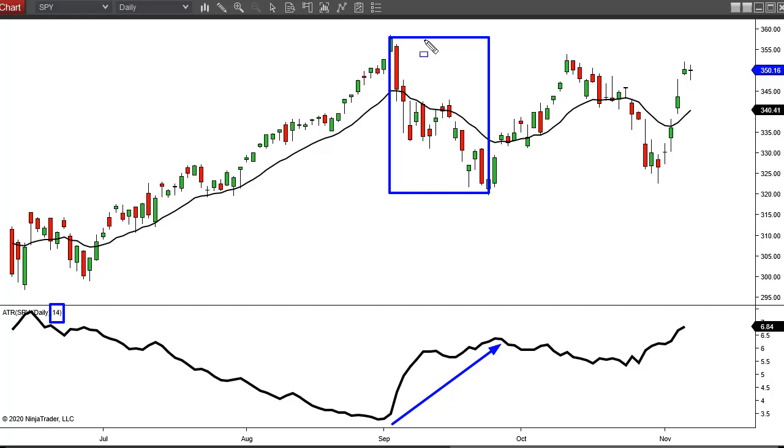So again, just the little geometric pattern can illustrate this, I think, very well. Look at the range of these bars. So the big picture is, yep, going up, no question about it. But look at the bars it's going up on. Very narrow range little bars. See how narrow range these bars are?